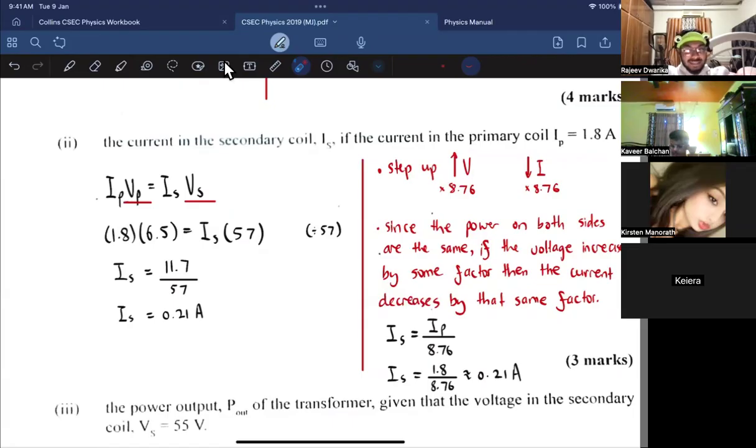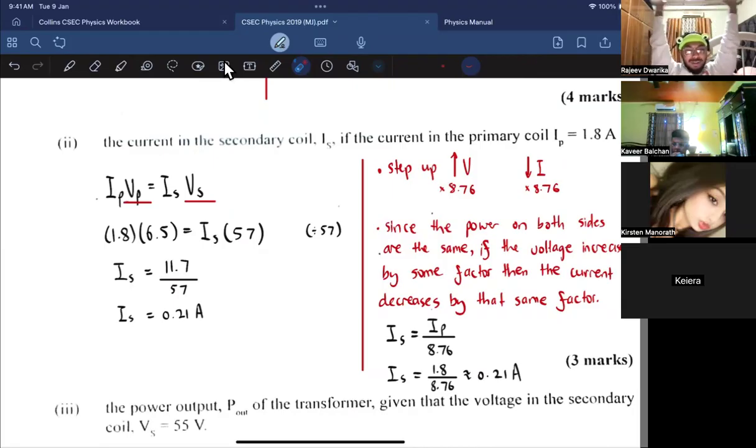Define IPVP for the power in the coil. What do P and S stand for? Primary and secondary. So we're saying that the primary power is equal to the secondary power.